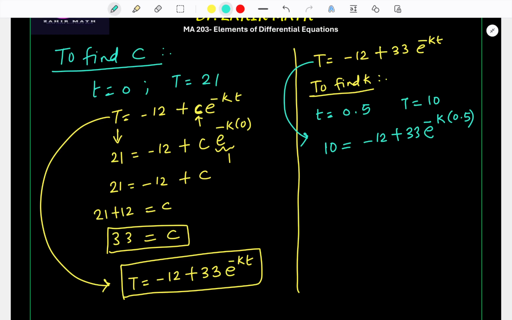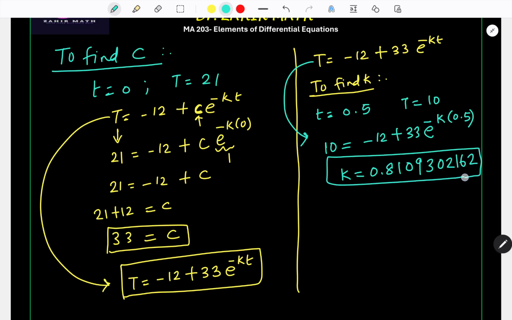Let me read the equation again: 10 equals minus 12 plus 33 e power minus 0.5 x. Shift calc equal. Wait for the value. Yes, I got it: 0.8109302162. This is my K value.